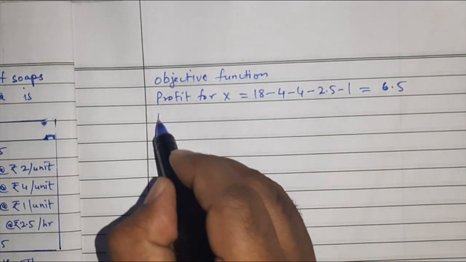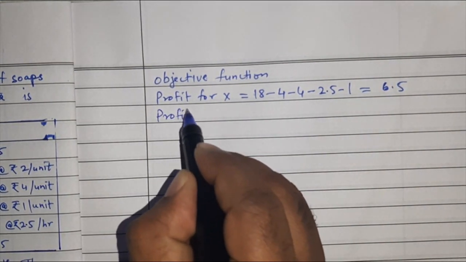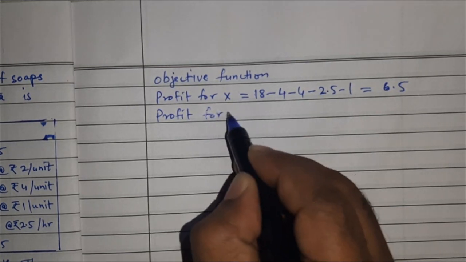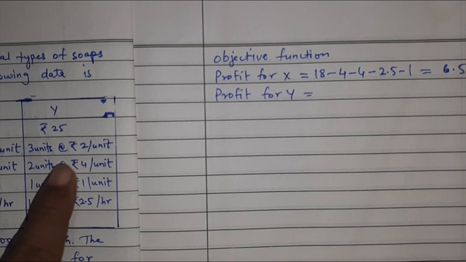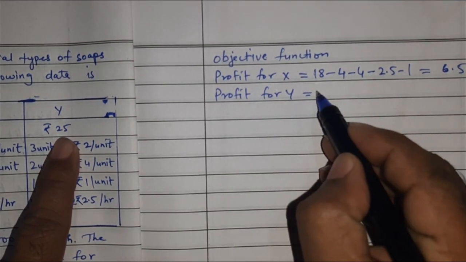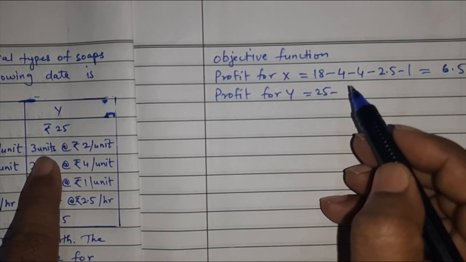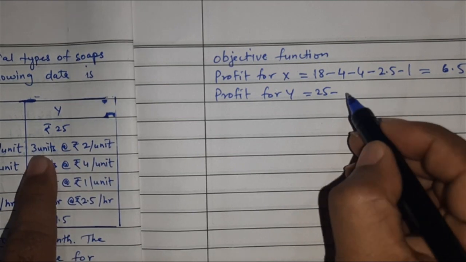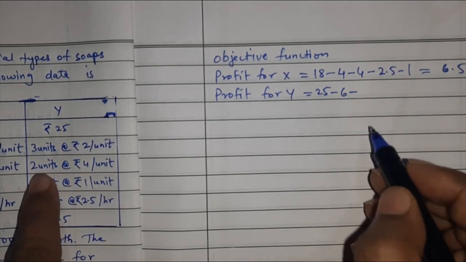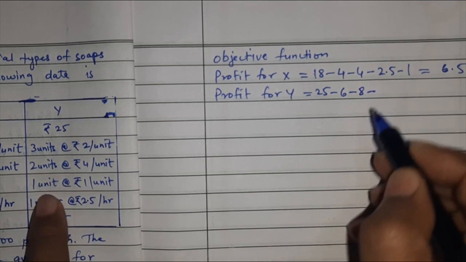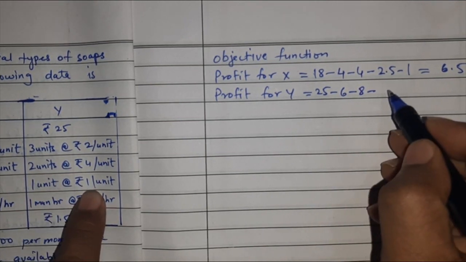Okay. Similarly, profit for the soap Y will be, we have here 25 minus 3 units at rupees 2 per unit. So this is 6. 2 units at rupees 4 per unit. So this is 8. 1 unit at rupees 1 per unit.